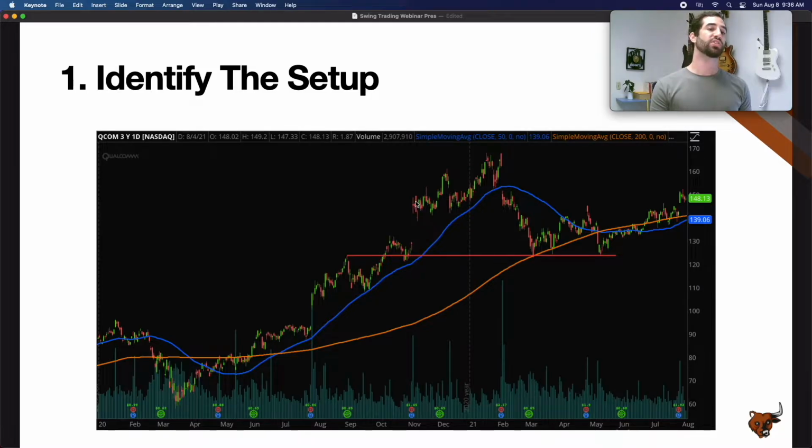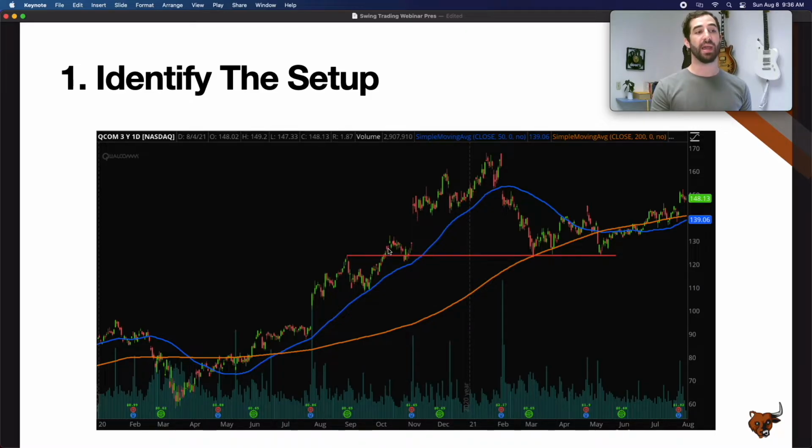Okay. Something that I'm noticing already is that this level that used to be a ceiling or a resistance, has now, after it broke out here, become a floor. Okay, and this chart is telling me this.